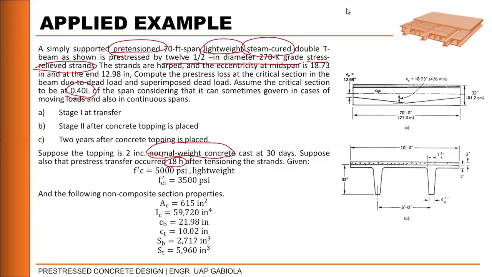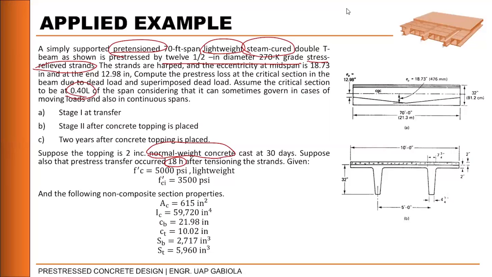And then may given siya na condition na yung time na ginamit niya is from 18 hours, no? After tensioning, and then yung china-check natin ngayon is ano yung mga losses na mag-occur sa kanya nung stage 2 na, after makast yung normal weight concrete dun sa top nung ating T-beam.